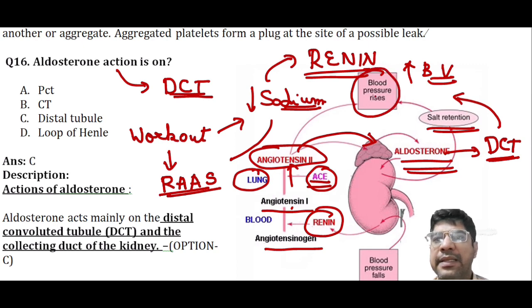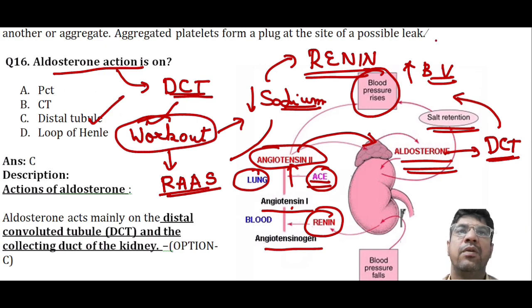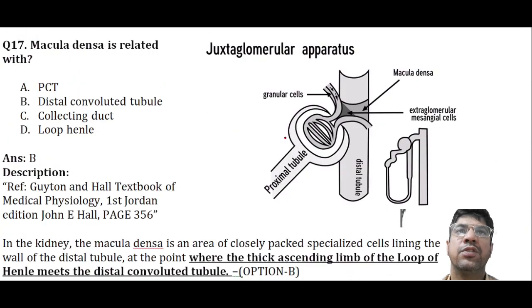In this way, aldosterone helps to restore the balance of electrolytes and maintain blood pressure when the sodium loss is high, as in the case of excessive sweating. So aldosterone acts on the distal convoluted tubule. Hope your concept is clear now. Let us move to the next question.